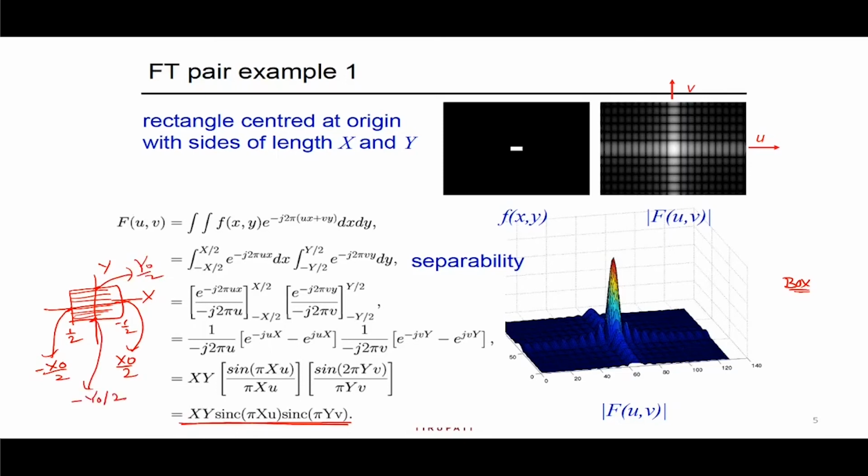So a simple scaling is what would happen to your sinc functions here. In the earlier case, when x naught and y naught are equal to 1, you would get sinc of kx into sinc of ky. Now you would have scaled sinc functions here. So I want you to work it out yourself and cross check your results.